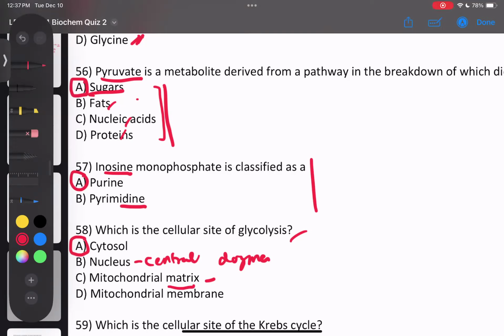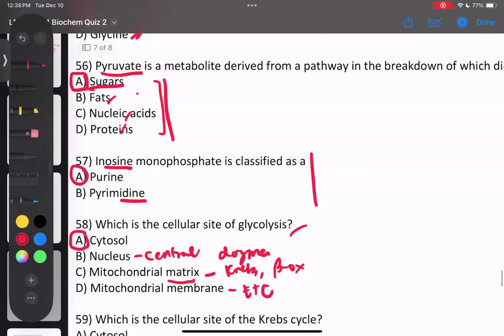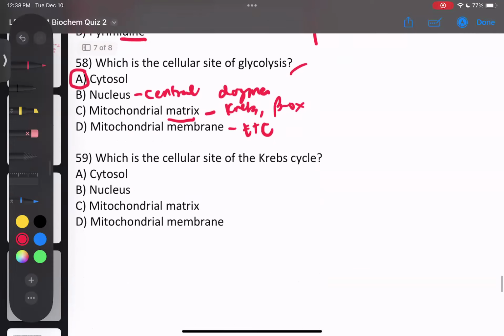So that would be the Krebs, or for example, the beta oxidation that also produces a lot of ATP. Yung mitochondrial membrane, of course, the electron transport chain is arguably the only popular pathway that happens in the, to be specific, inner, hindi outer, inner mitochondrial membrane. The site, I just said that would be the matrix.